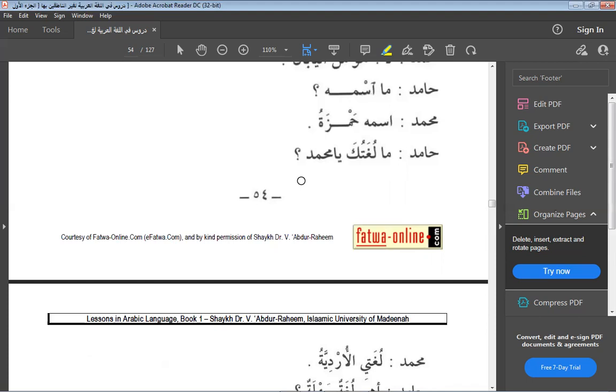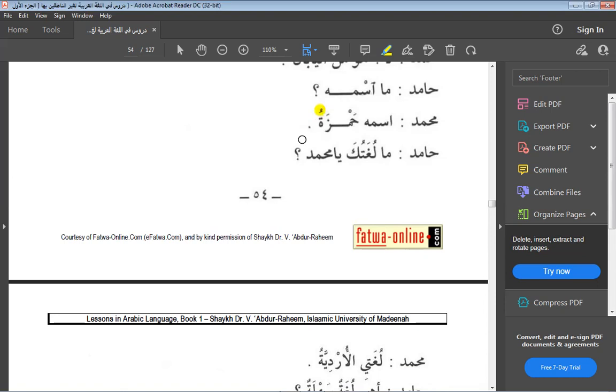Now you see, Hamza is actually the name of a man, but the name itself in structure is feminine. So it is treated as a feminine noun. So you see, Hamzatu comes with the single dhamma. As we said, the feminine nouns do not take tanween. So they come with the dhamma, like we say Zainabu, Maryamu.